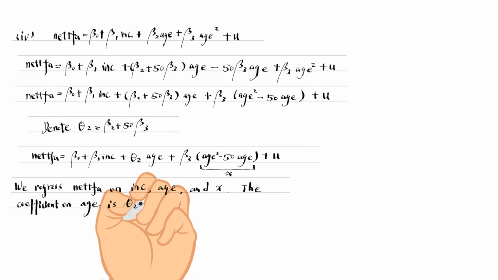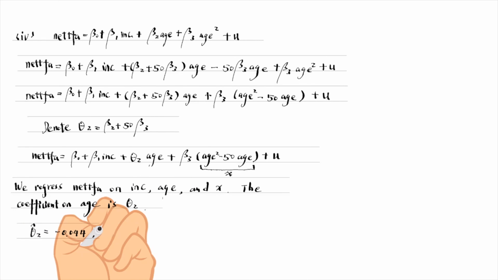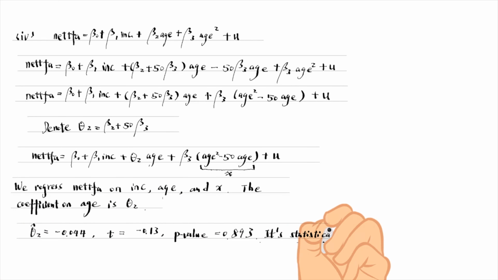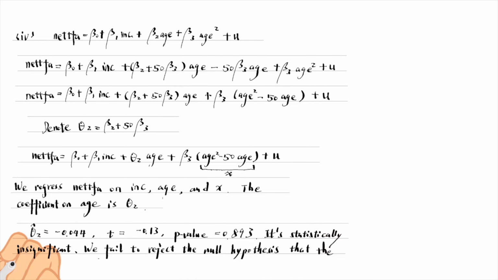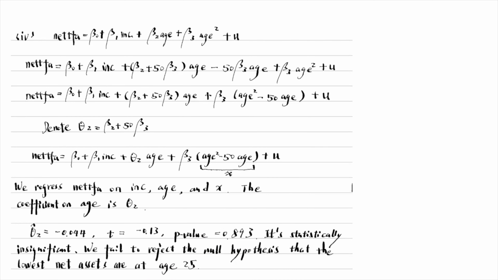We can read the standard error, the t-statistic, and the p-value from the data result window. The estimate of theta 2 is small, minus 0.044. The p-value is 0.893. It is very statistically insignificant. We could not reject the null hypothesis that the lowest net assets are at age 25.